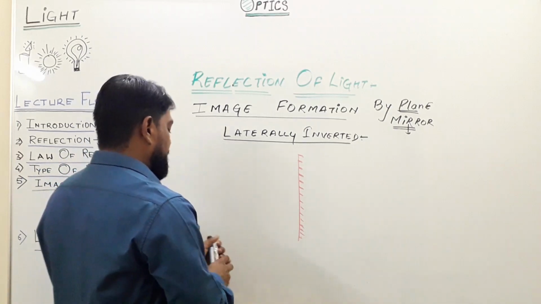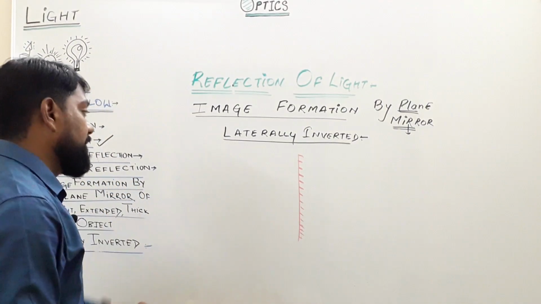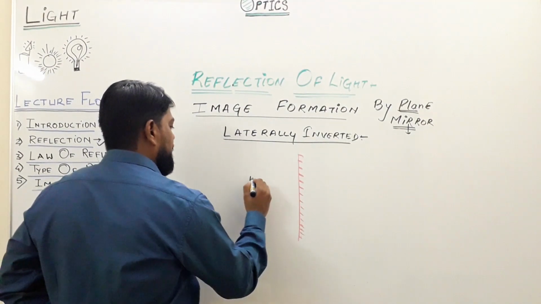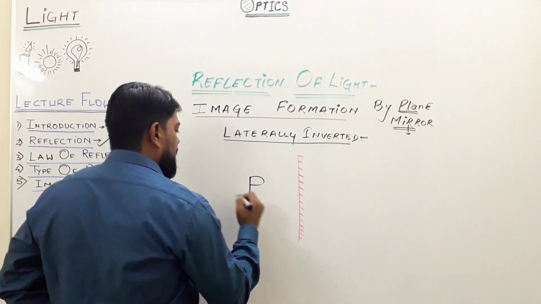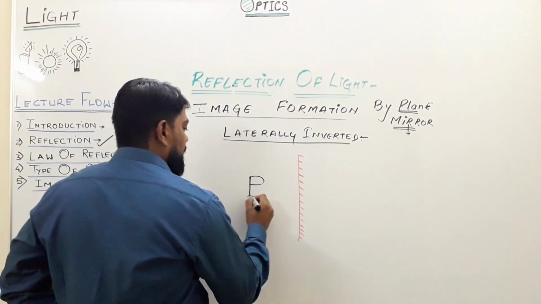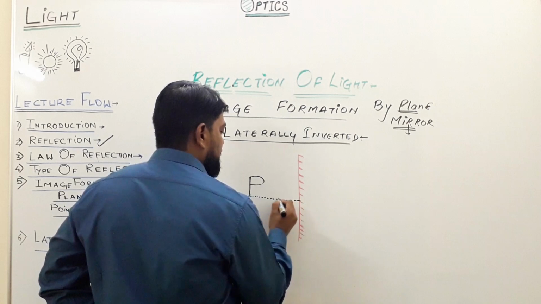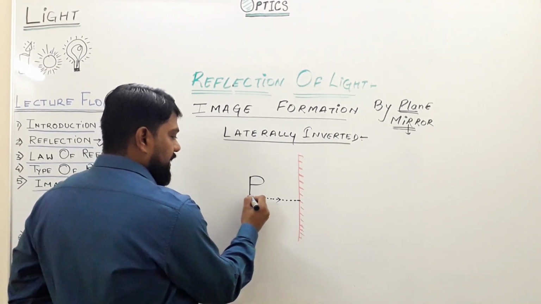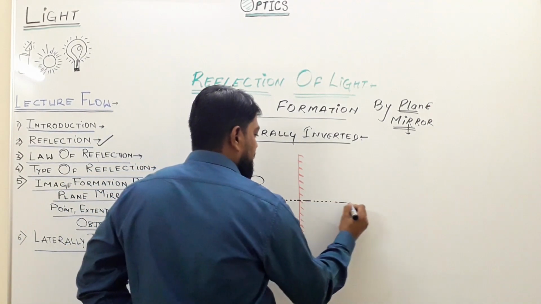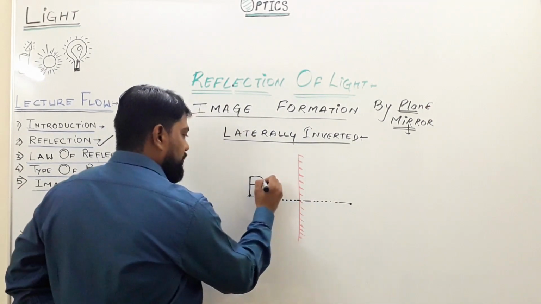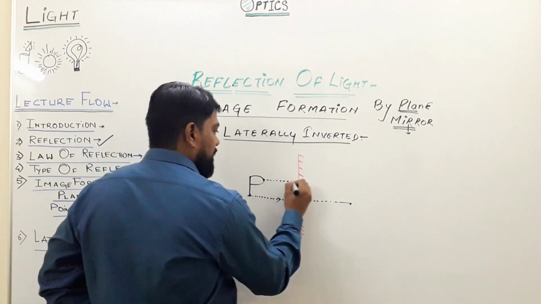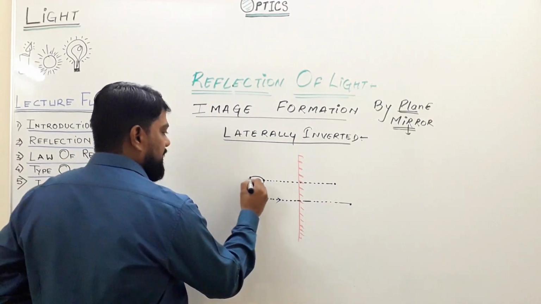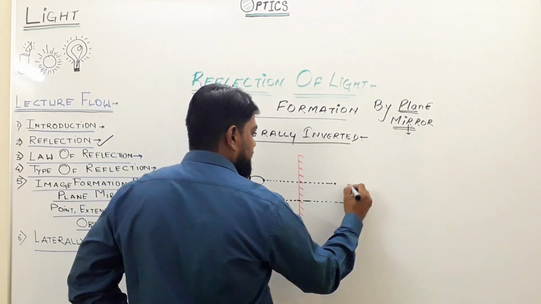In that particular case, suppose we take a thick object, say the alphabet letter P. If you draw its image, each point of the letter P will be at the same distance behind the mirror. If we take this point, it will also be at the same distance.